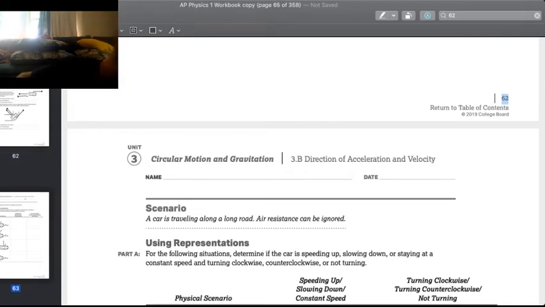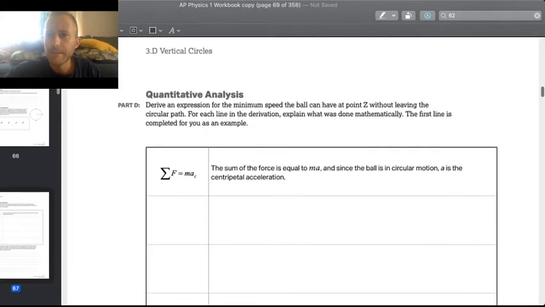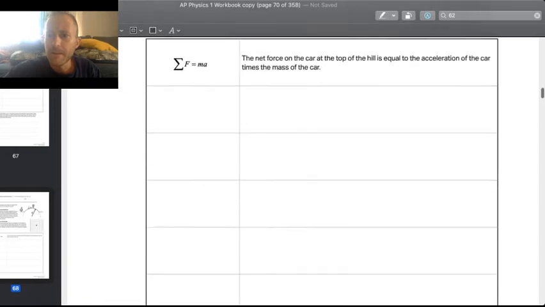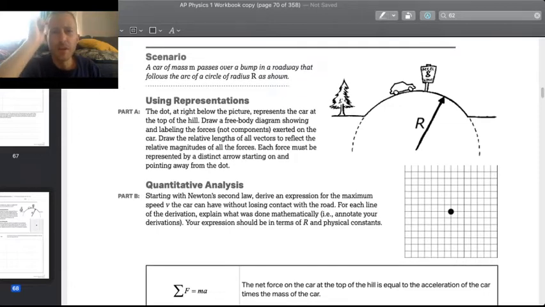So next I'm doing pages 68 and 69. Okay, page 68. A car of mass m passes over a bump in a roadway that follows the arc of a circle of radius r, as shown. The dot at right below in the picture represents the car at the top of the hill.